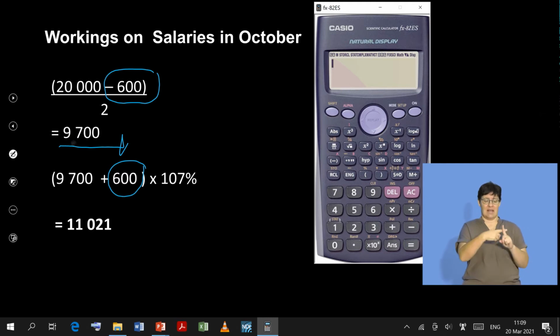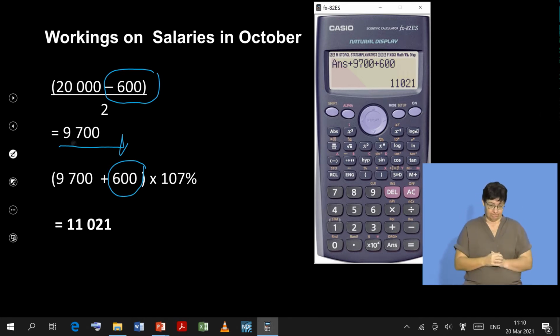It's the 9,700 plus the 600, which gives you 10,300, times your 7%, and that will give you 721. Let's add the components: 9,700 plus the 600 plus 721 gives you a figure of 11,021. Okay, so remember these calculations.